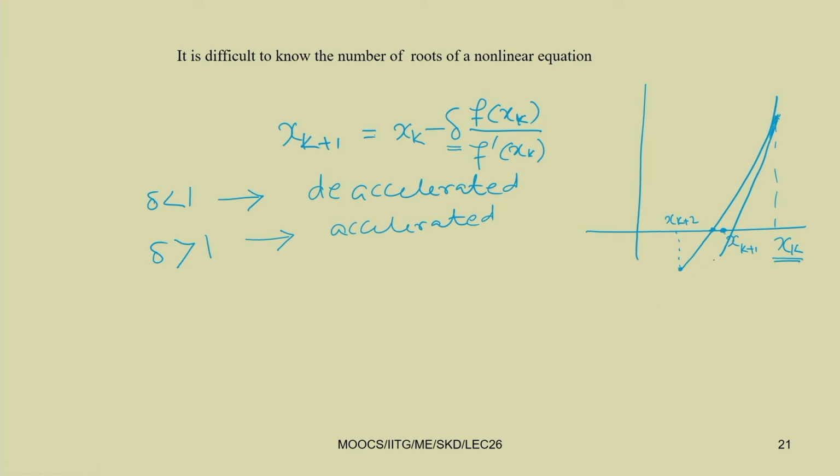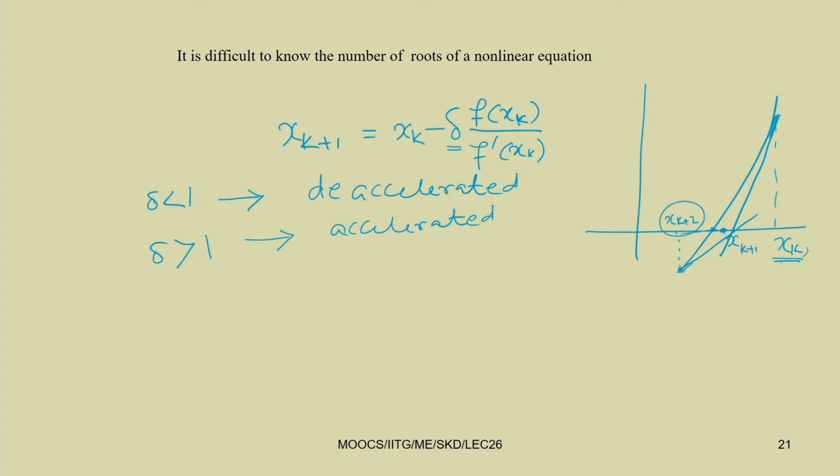If our equation is such that this is x k plus 1, this is x k plus 2, and here also if we draw the tangent, it passes through the same point. In that case you can see it will oscillate between these 2 points.